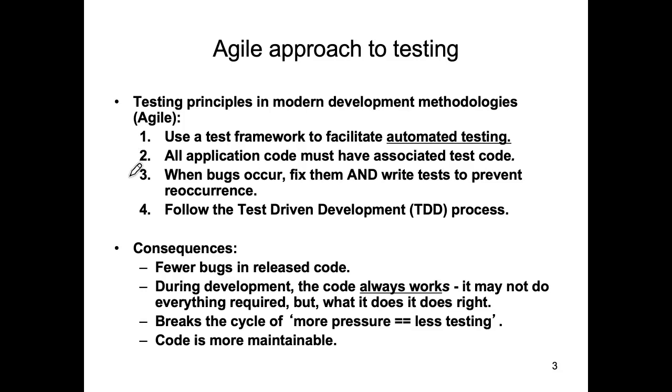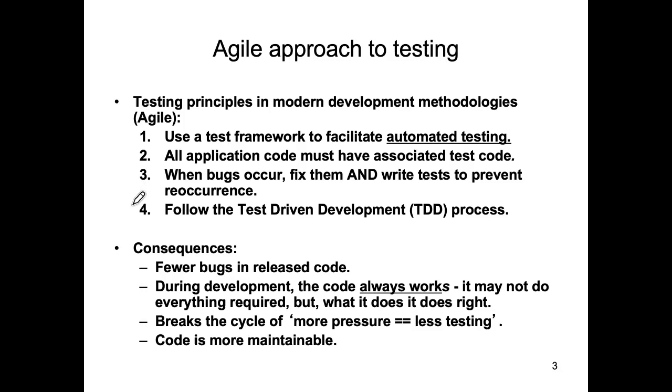Point number 3, obviously bugs will eventually occur in your application code. Once a bug occurs, you obviously debug it, but having debugged it, you fix it in the application code, and straight away you should now write a test. You should add some tests to your set of tests to ensure that bug doesn't reappear at some later stage.